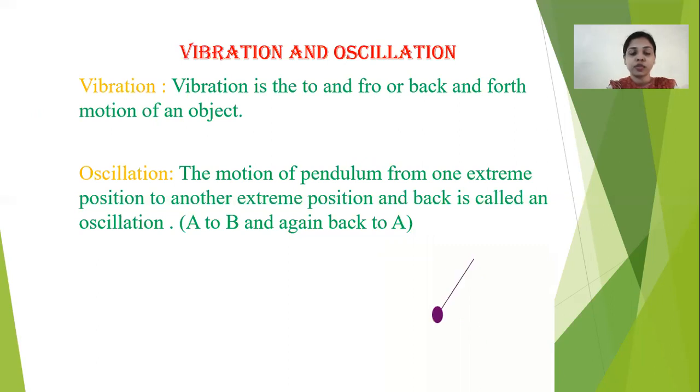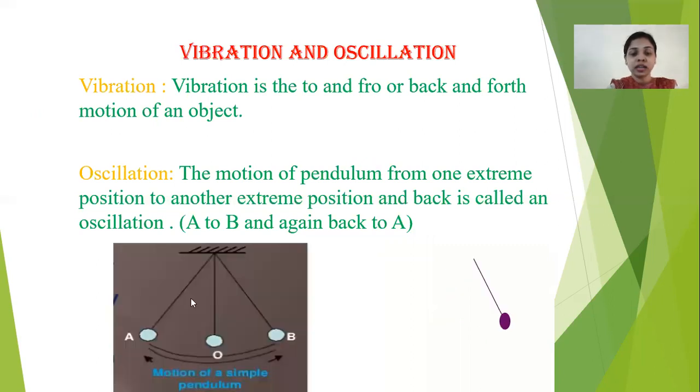For example, from this figure, consider that A is the rest position or the mean position of the pendulum. From this position the pendulum starts its motion. The pendulum first goes from A to B and then again it comes back to A. When it performs this motion, from A to B and then back to A, we can say that the pendulum performs one oscillation.